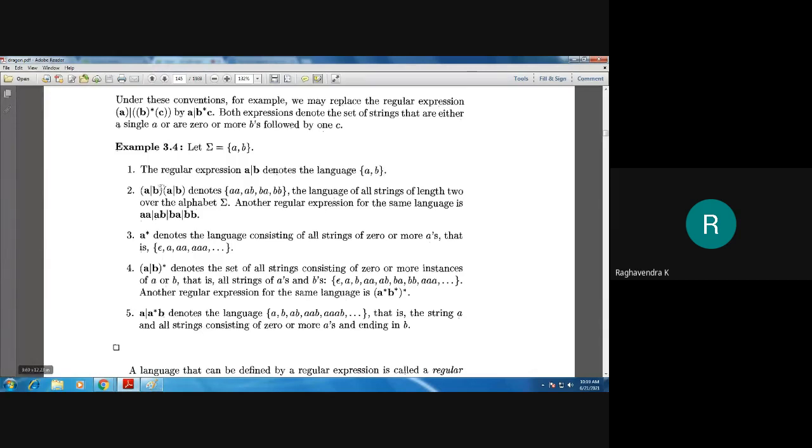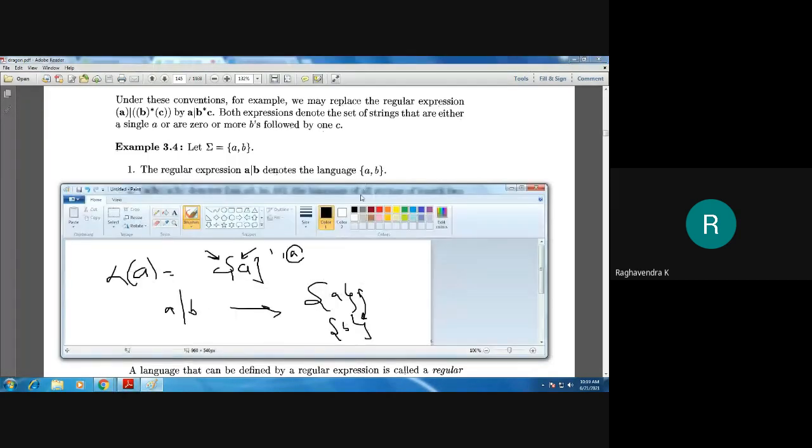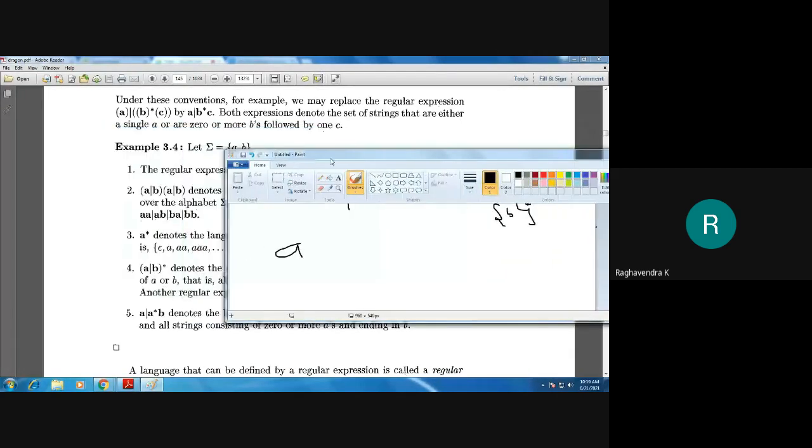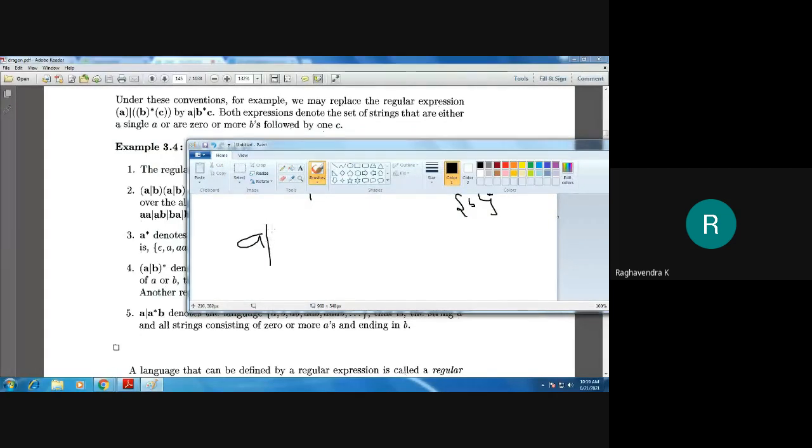Okay, so check out the second one. What is the language that is defined by (a | b) concatenated with (a | b)? What is the possible language that is defined by this regular expression? Can anybody tell what is defined by this regular expression?